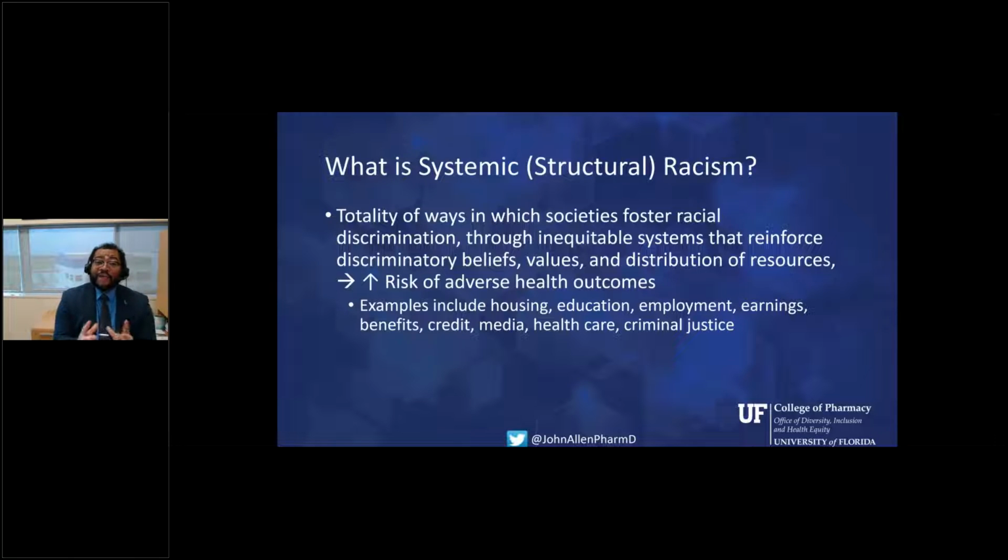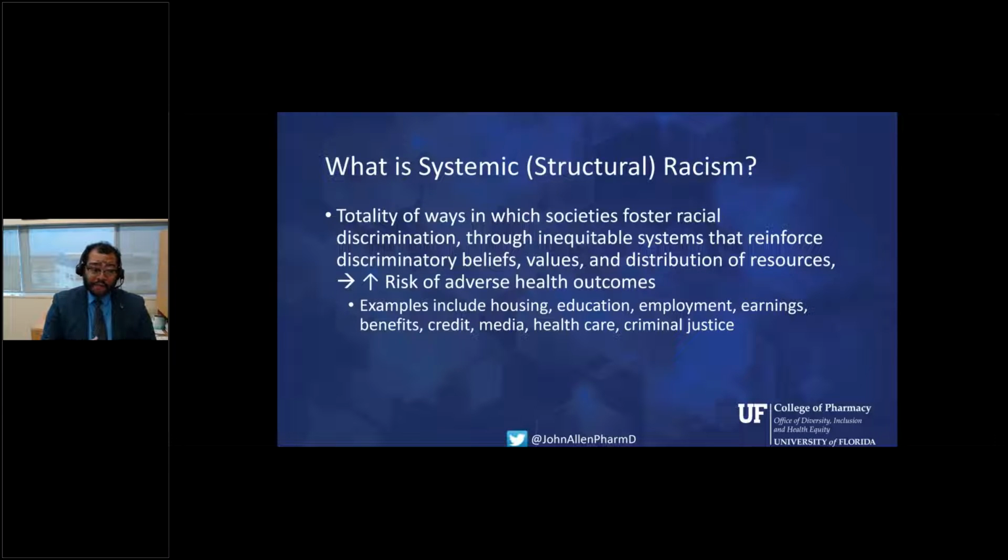By definition, this is the totality of ways in which societies foster discrimination through inequitable systems that themselves reinforce discriminatory beliefs as well as outcomes. For example, systemic or structural racism increases the risk of adverse health outcomes. Some examples of systems that promote structural inequality include housing markets.